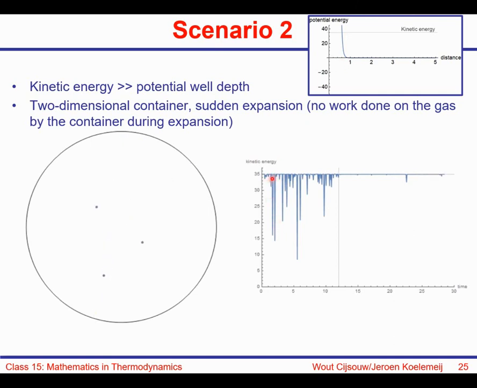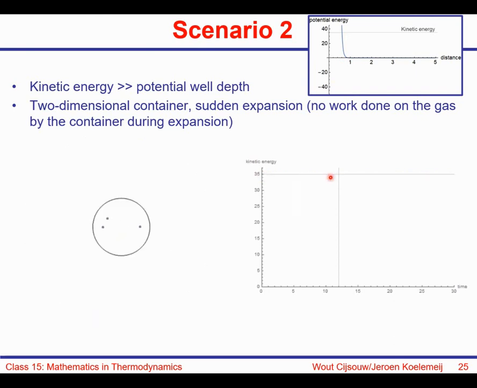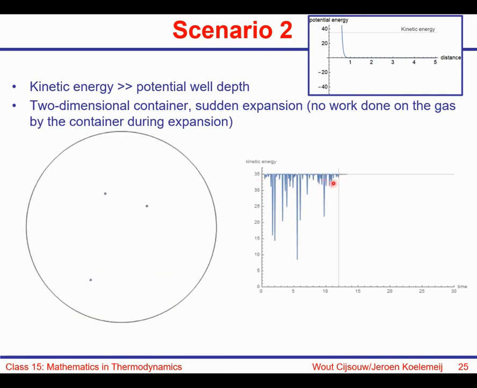So initially, when the container was still small, the kinetic energy is actually lower than this horizontal line on average. And then after the expansion, these dips are much less frequent and the average kinetic energy is higher.